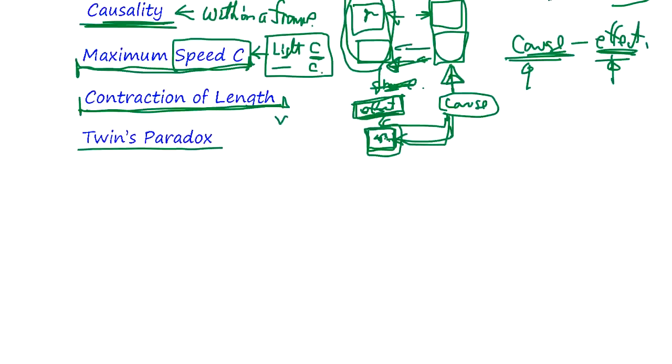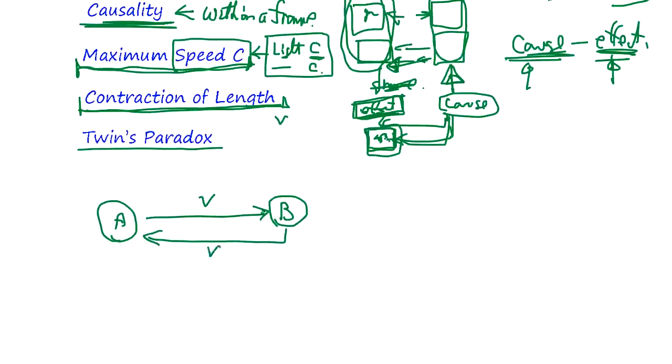Twins paradox. Suppose twin brother A stays on Earth. B goes on a space trip, right? And B is moving, so for A, B is going slower. And B comes back, still moving at v.